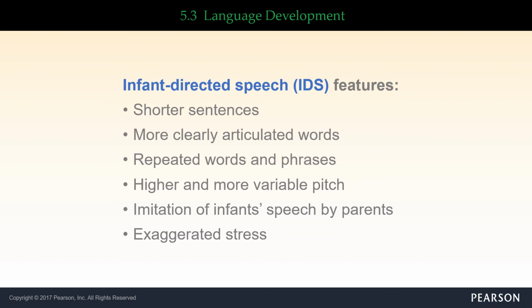It's something that's genetically programmed. Also imitation of infant speech by parents, and exaggerated stress and animation, or exaggerated behavior related to speech. And so those are all components of infant-directed speech.